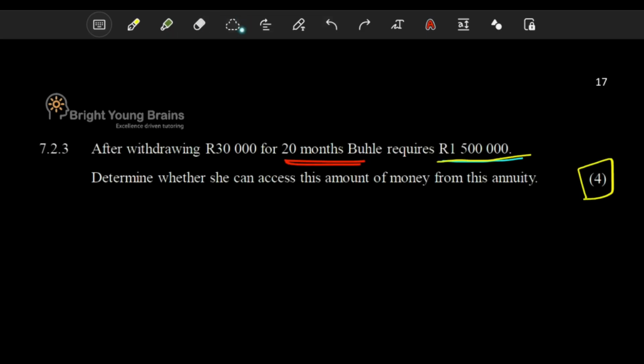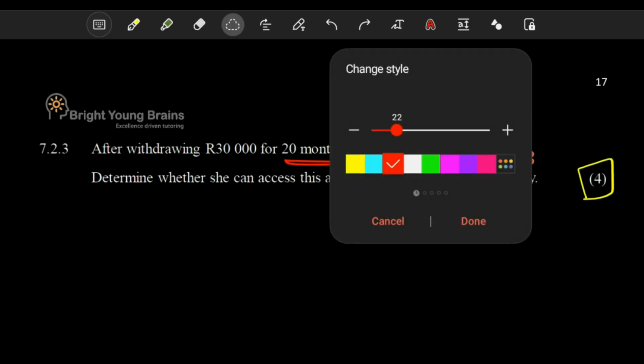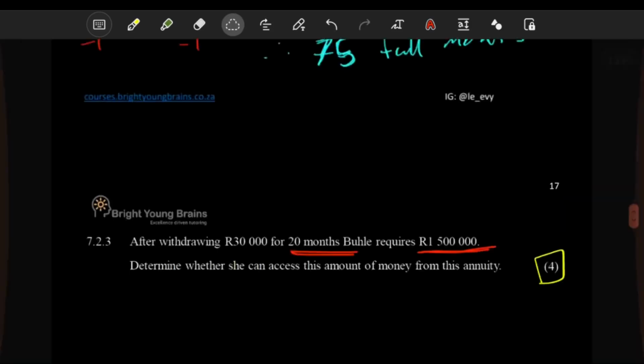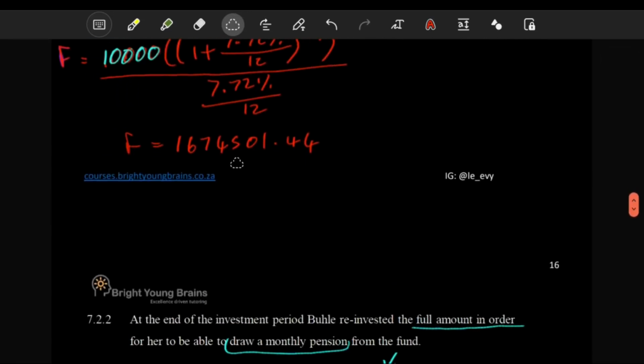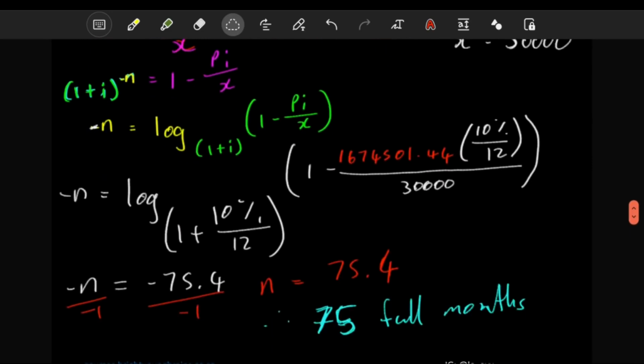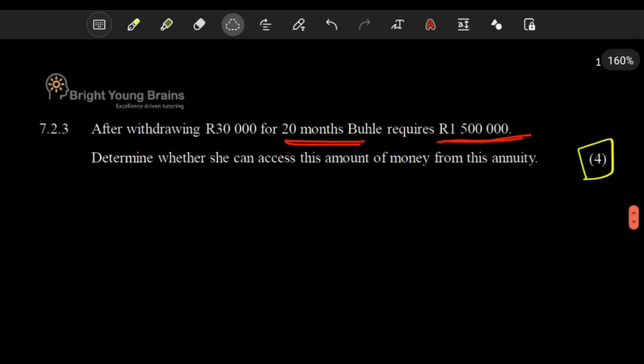You will be decreasing the value of the loan by paying it off, right? But then the loan gains interest every month. You see, that's the idea here. The 1,600,000 and something gains interest every month, but at the same time, she is reducing it by using 30,000 every month.